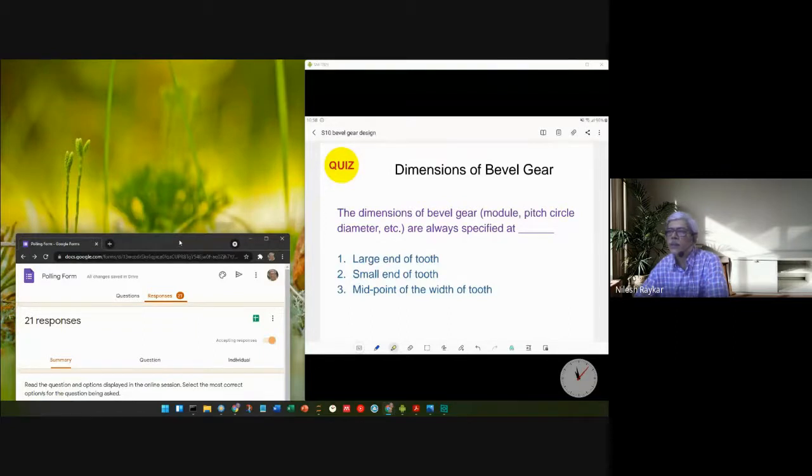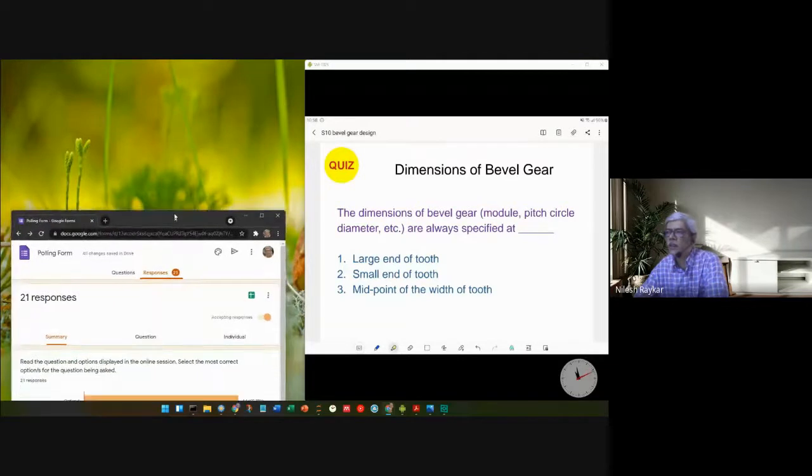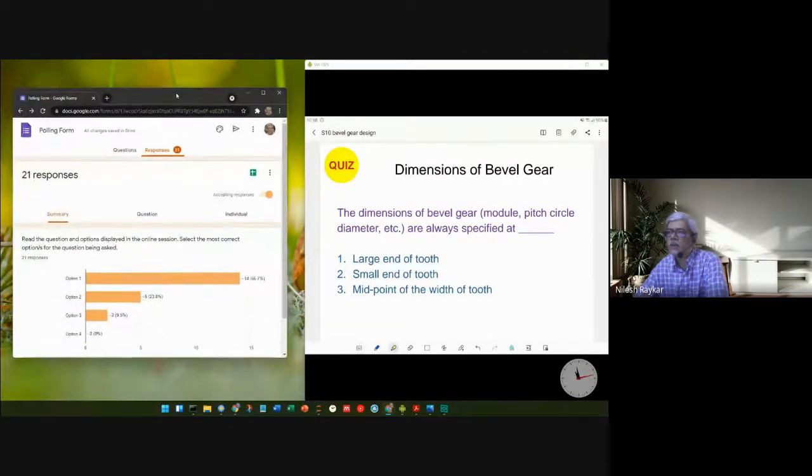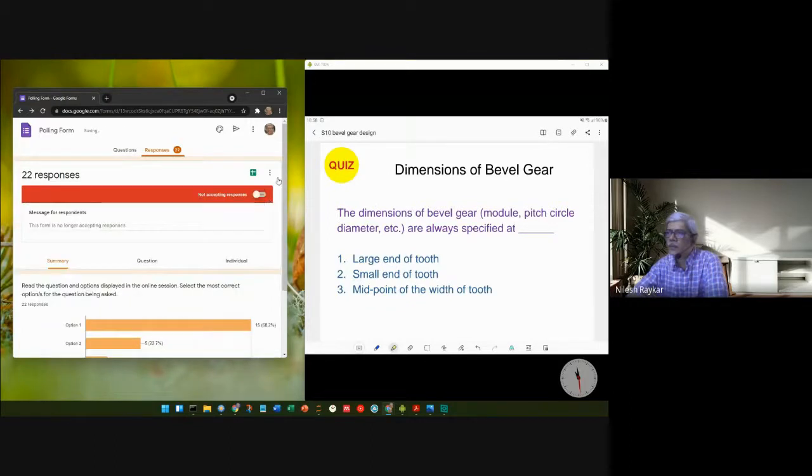Okay, so pretty simple question. I just mentioned that the dimensions are always measured at the large end. So large end is the answer, which most of you have given. So remember that bevel gear dimensions are always given at the large end.